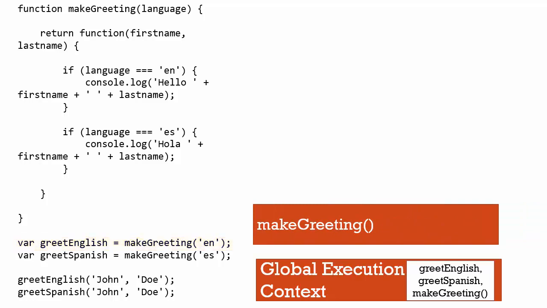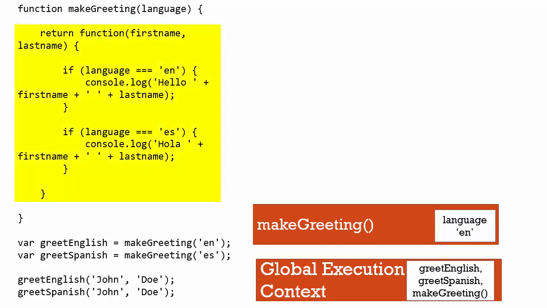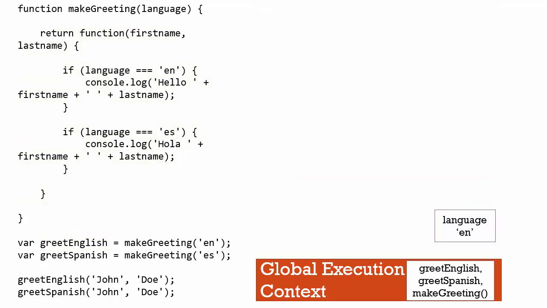And so that gets its own execution context. And I pass language. So in that execution context variable environment, language is EN for English. Then it returns a function, which is stored in greet English. It's pointing to that function. And make greeting, that time, ends.